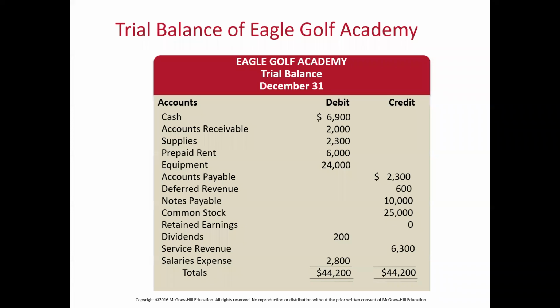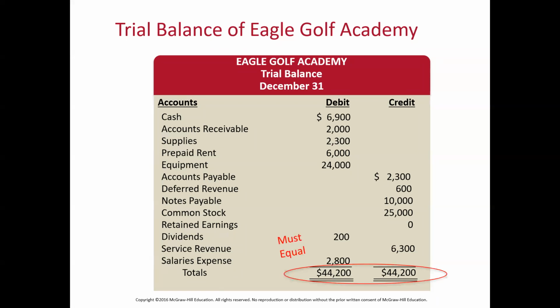You see here that our debits of 44.2 equal our credits of 44.2. This is an easy way for us to ensure we're on track. Now, the computer's going to keep us on track, but we are on track in this form.